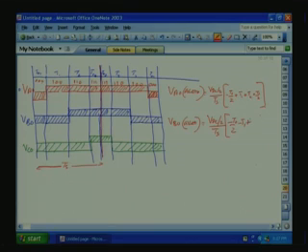Then comes plus T2 and plus last T0 by 2. Similarly, VC0 average is equal to VDC by 2 into TS into minus T0 by 2 minus T1 minus T2 plus T0 by 2. Okay.